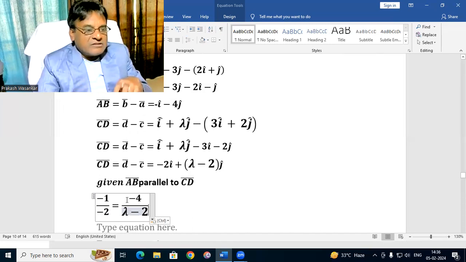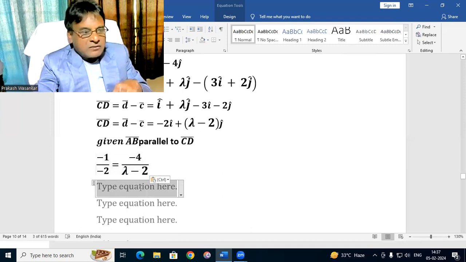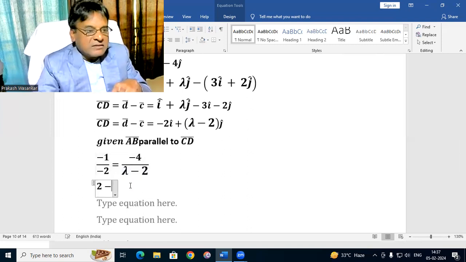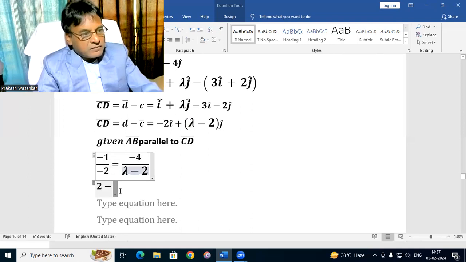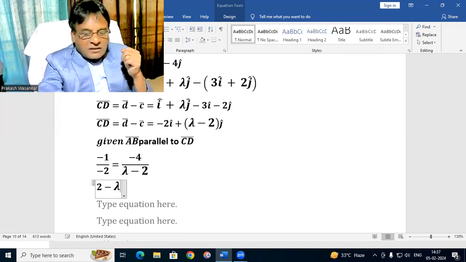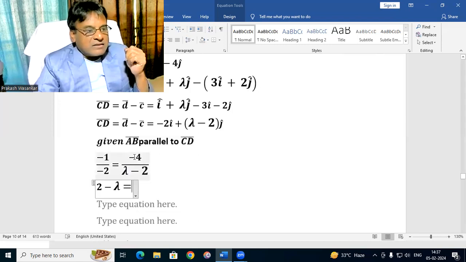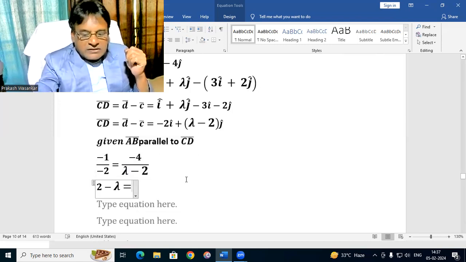Then we solve this. -1 into lambda -2, so we get 2 minus lambda, equals -2 into -4, so we write here +8.